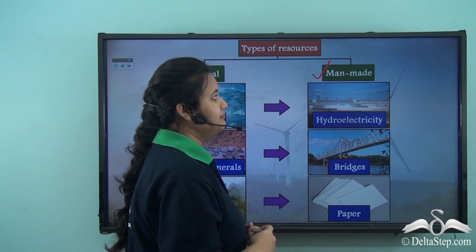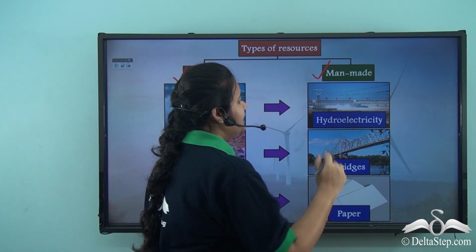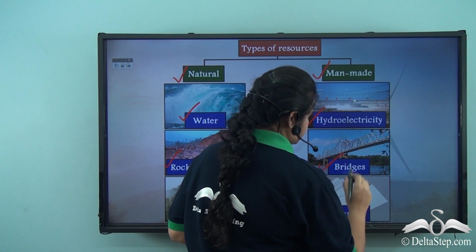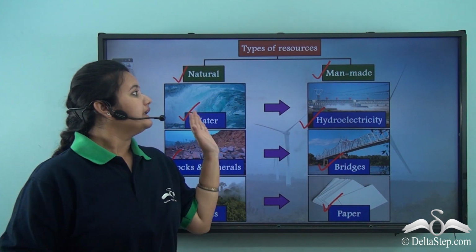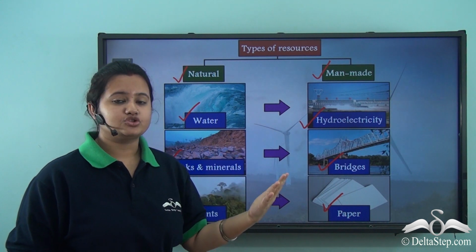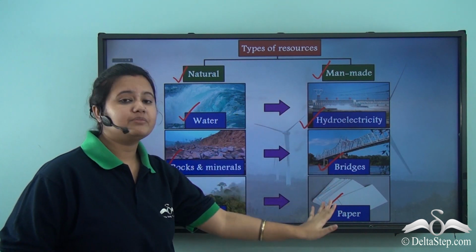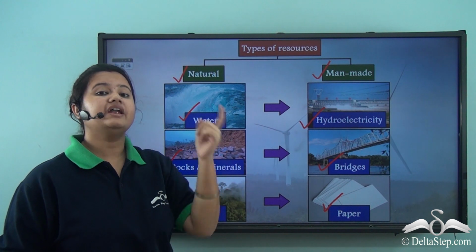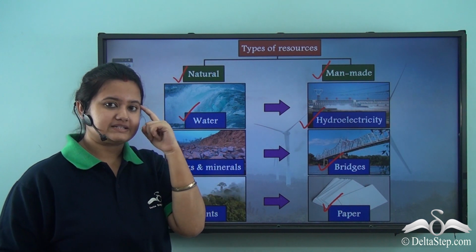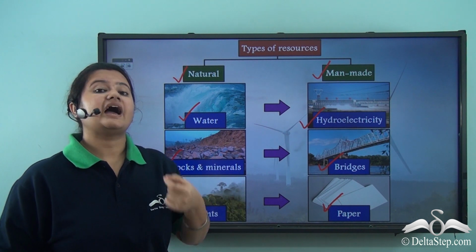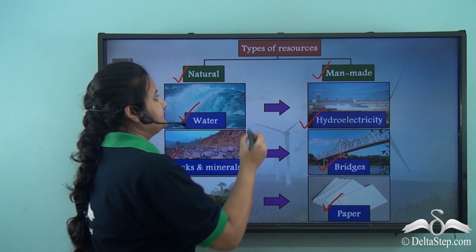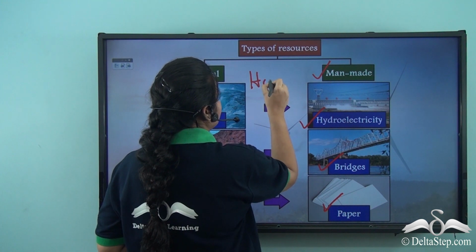Some examples of man-made resources are hydroelectricity, bridges, paper, etc. Man has been able to create these man-made resources with the help of their knowledge and ideas. And because of this, human beings are considered an important resource, that is human resource.